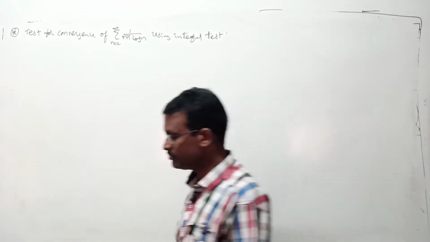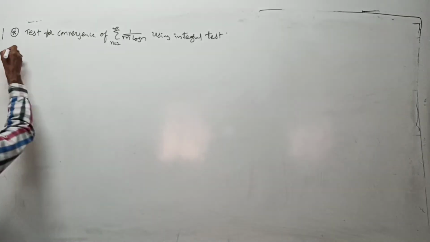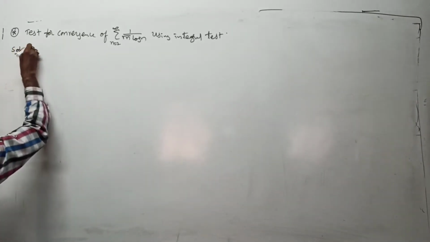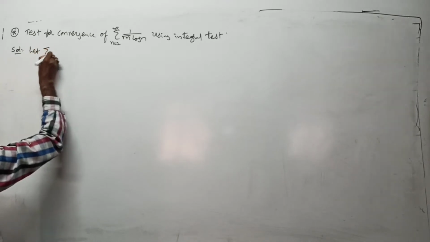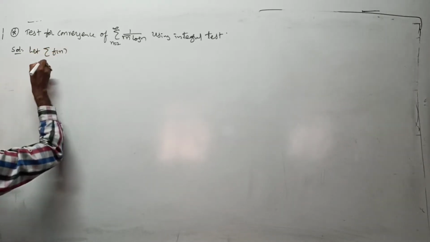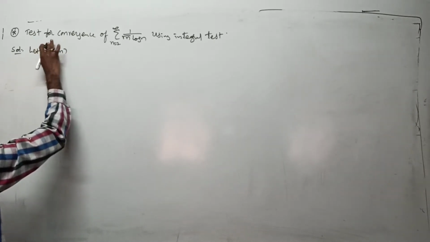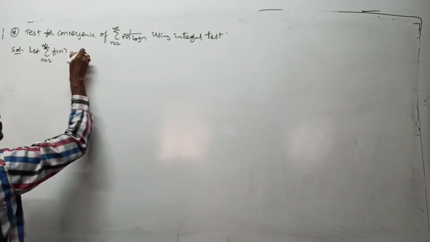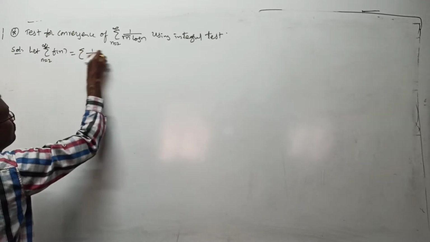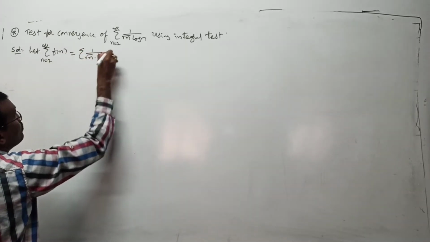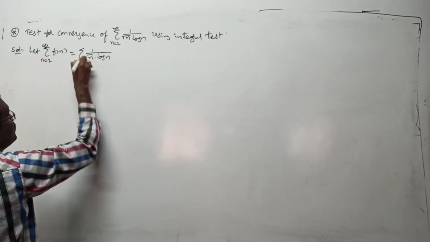you must do it with the integral test only, especially from this question onwards. The initial work is the same as in your previous questions. First take the given term: sigma f of n from n equal to 2 to infinity is equal to sigma 1 by root n into log n from n equal to 2 to infinity.